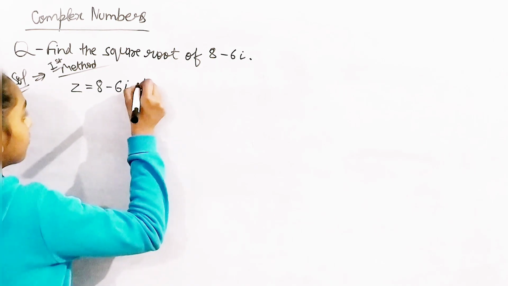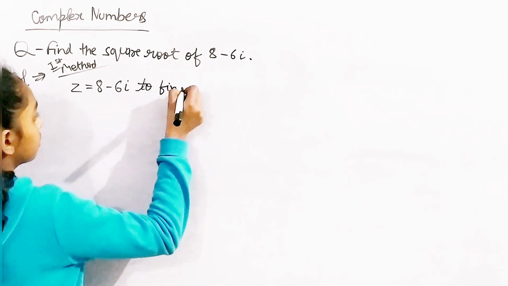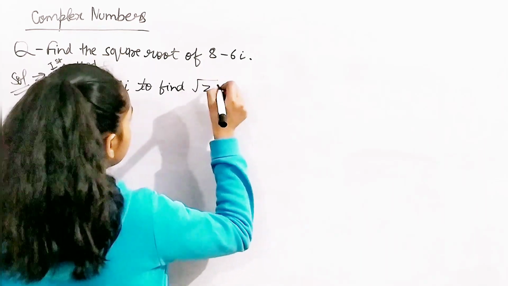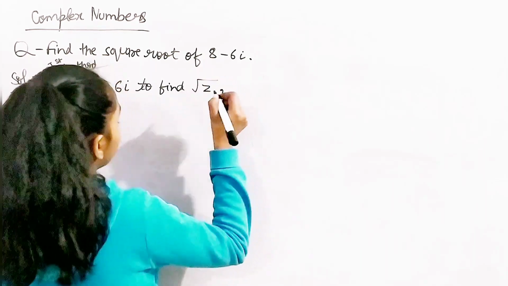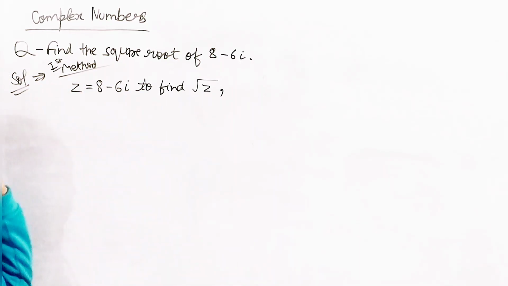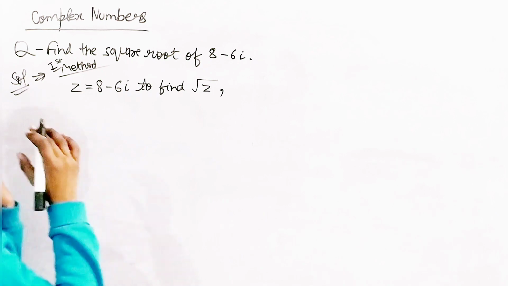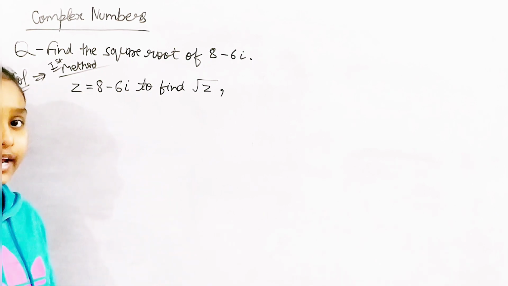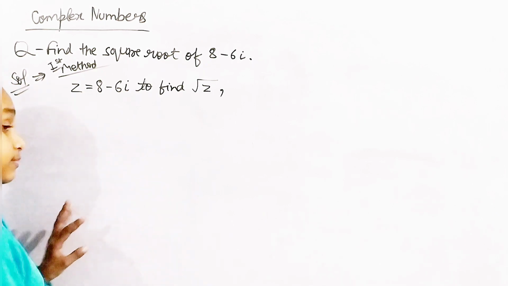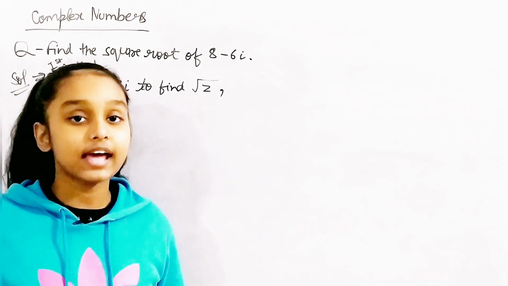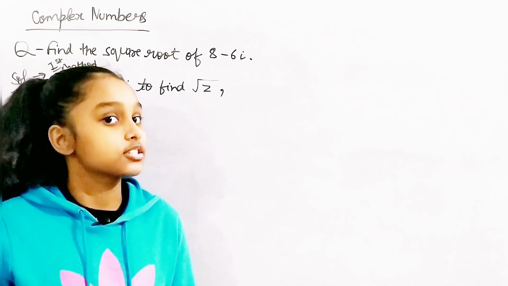So to find the square root of z, we will first have a look at its magnitude. This magnitude is coming in the complex number topic, but it actually means the modulus.